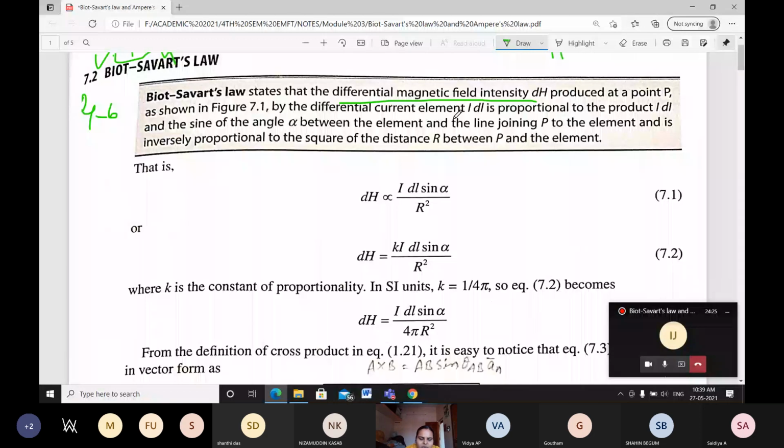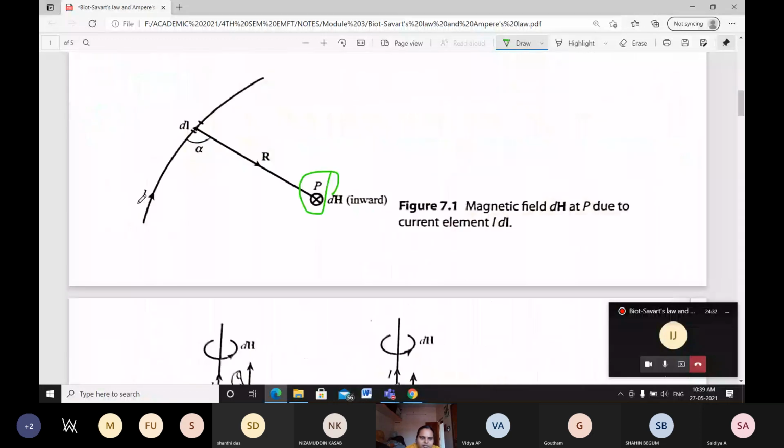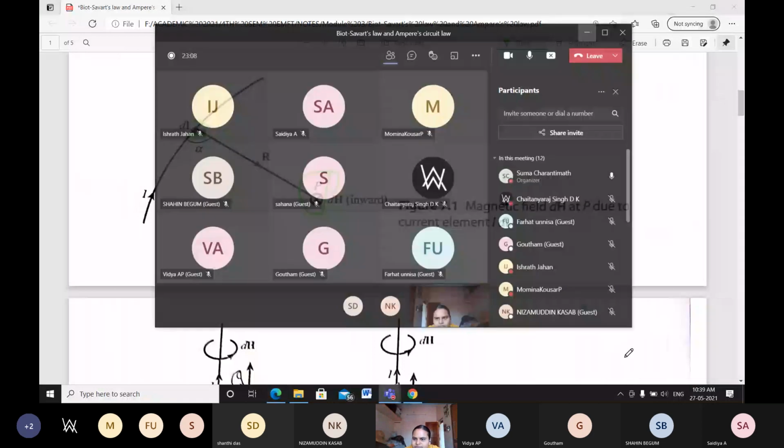Here the current flowing is I, and the differential element is dL. Across this, the current will be moving toward the point P. Observe the arrow indicating that direction.